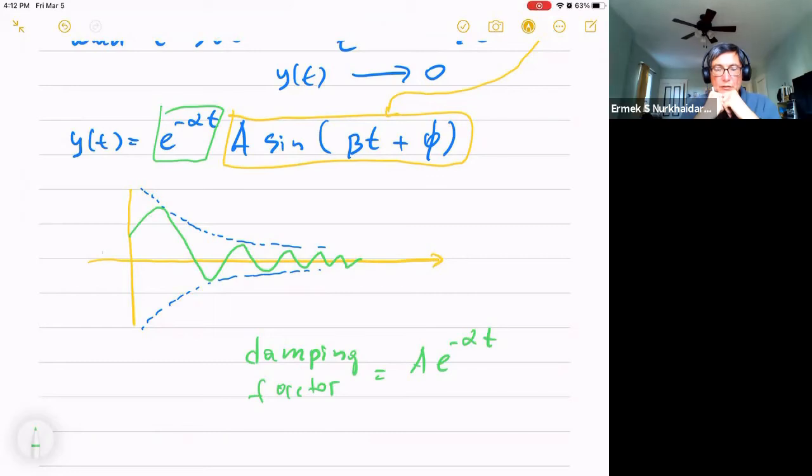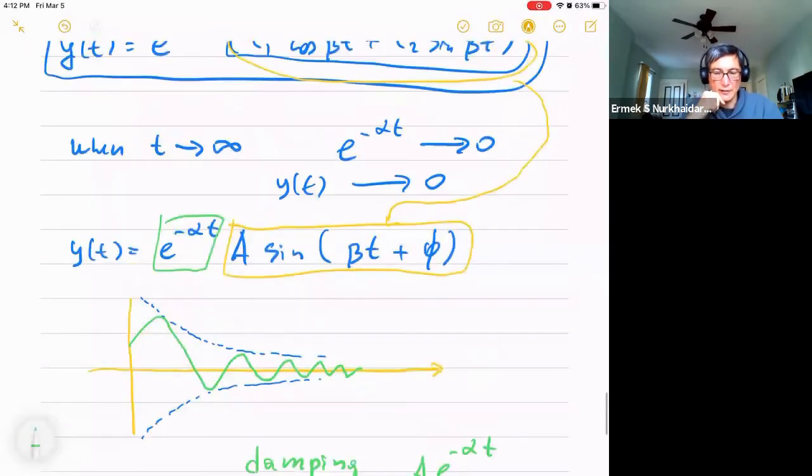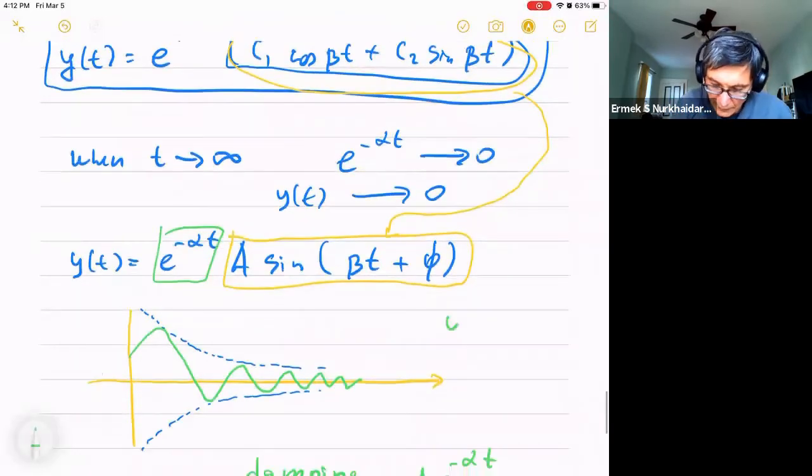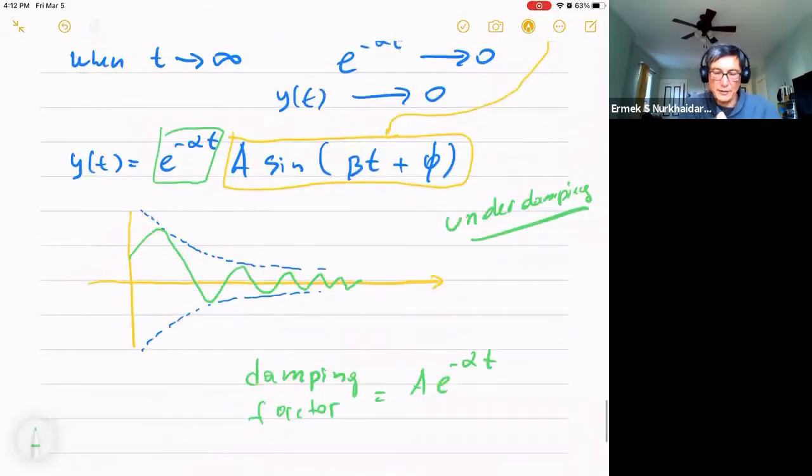So that's what is happening when we have the underdamping situation.